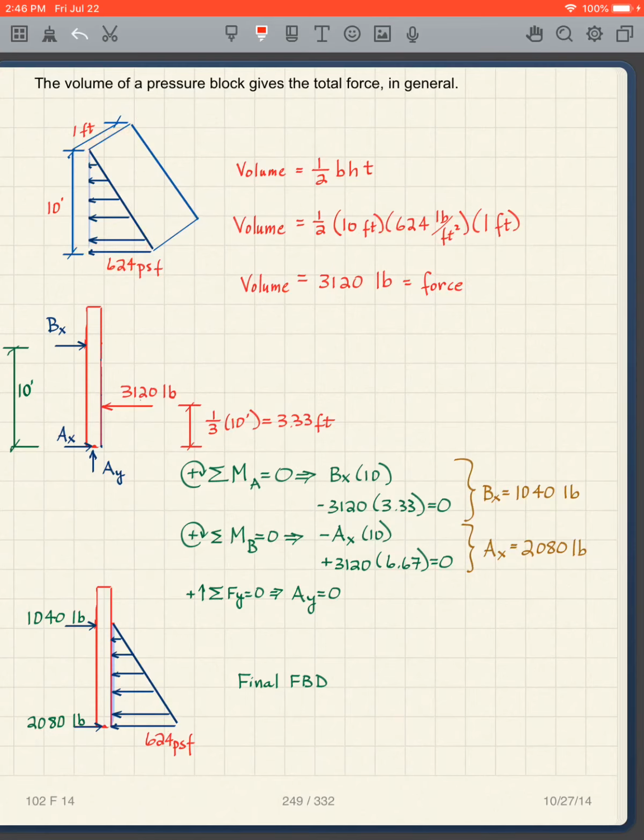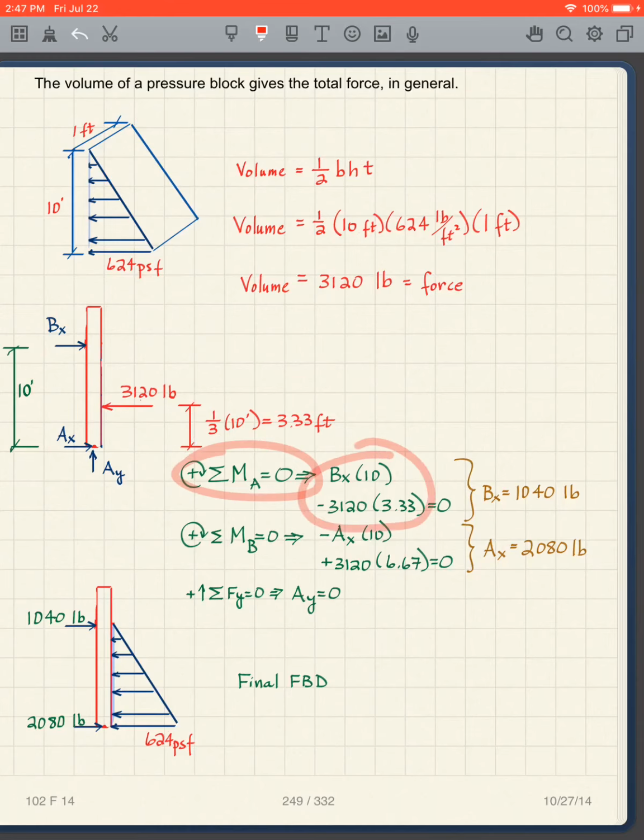And just like we did before, where does it act? Well, we use the 1/3, 2/3 rule because this is a triangle, and so I'm going to take 1/3 from the bottom then, because that's the fat end of the triangle. We've done this, and it's 3.33 feet. So I have that, and then once I've established this, well, we've done this a million times, so we take the sum of the moments about A equals 0.